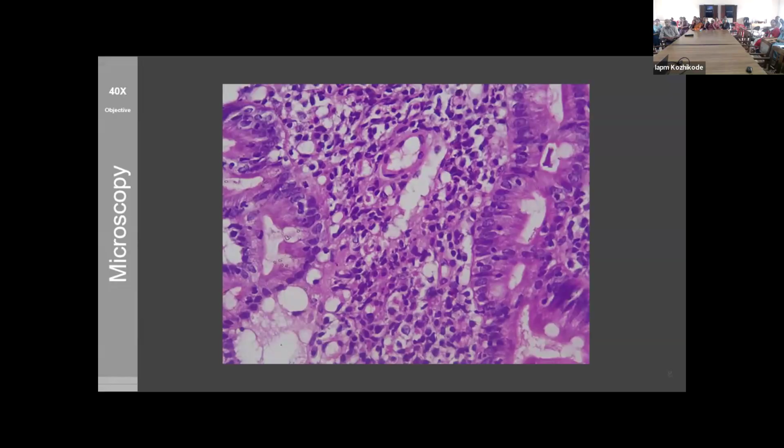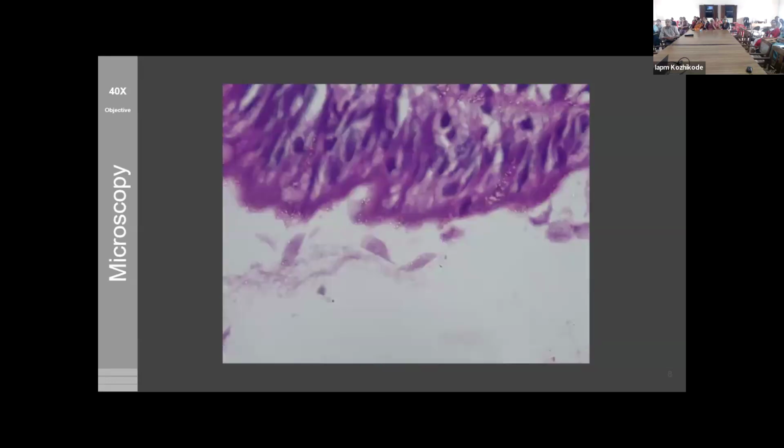Here we can see increased intraepithelial lymphocytes also. Coming to the same magnification, we can see some round to oval structures. Those resemble denuded epithelial cells, which are seen free floating within the lumen of the duodenum.